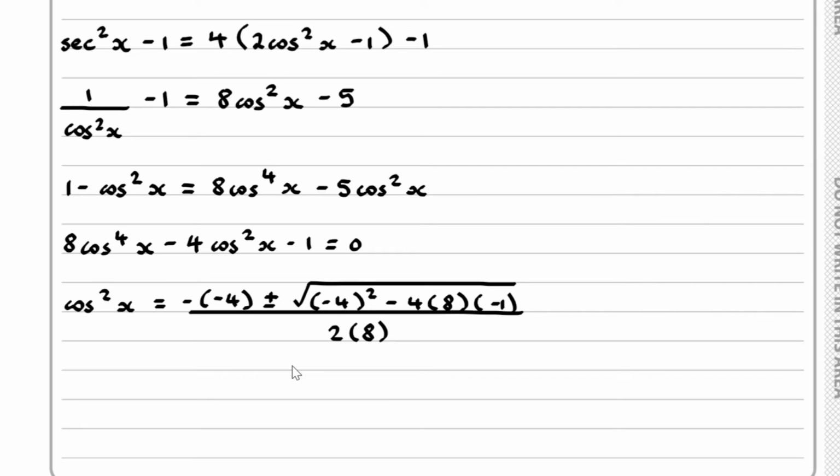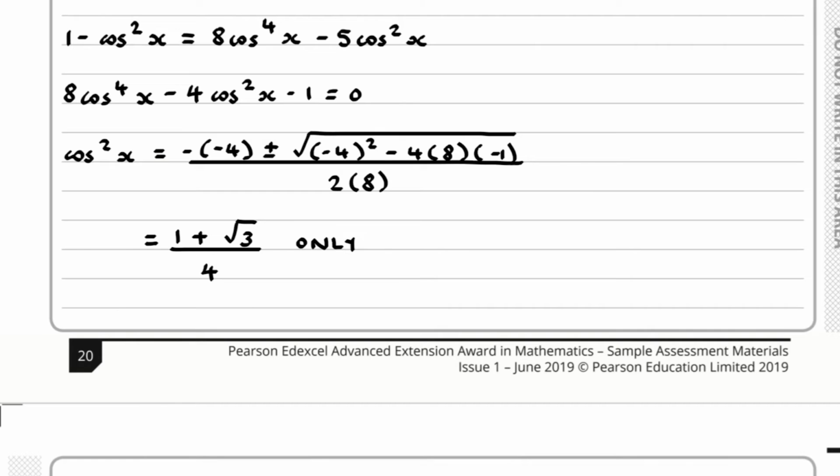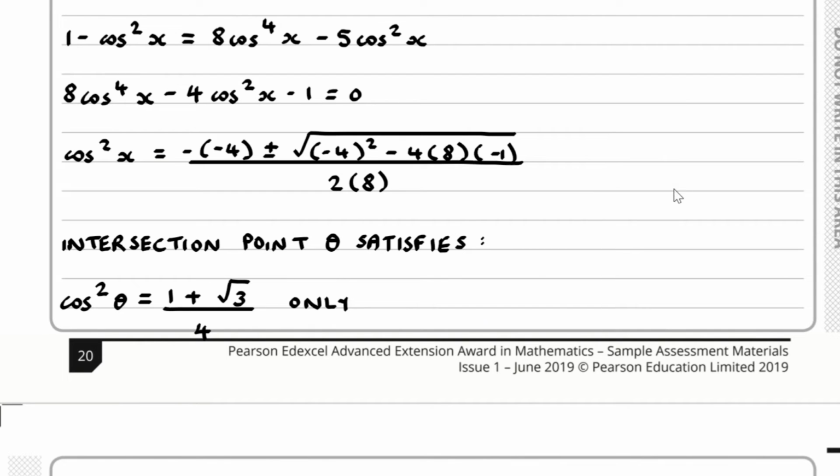And so if I tidy this up, what we'll be left with is cos squared equaling 1 plus square root 3 divided by 4 only. We can't take the negative because when I square root, I can't square root a negative. Well, the way we'll approach this is to say the intersection point theta satisfies cos squared theta equals 1 plus root 3 over 4 only.